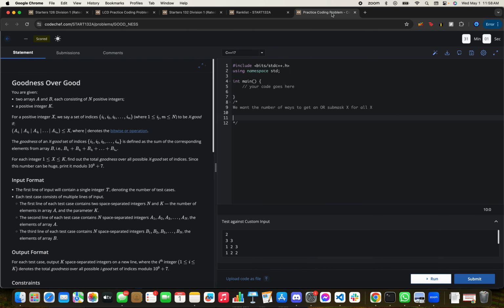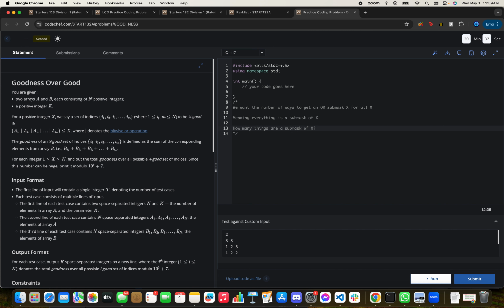Oh, that's actually true. OR submask X just means everything is a submask of X, right? So how many things are a submask of X?